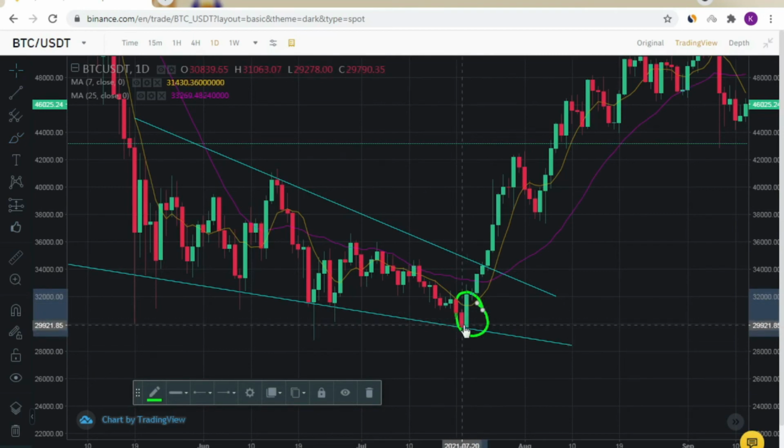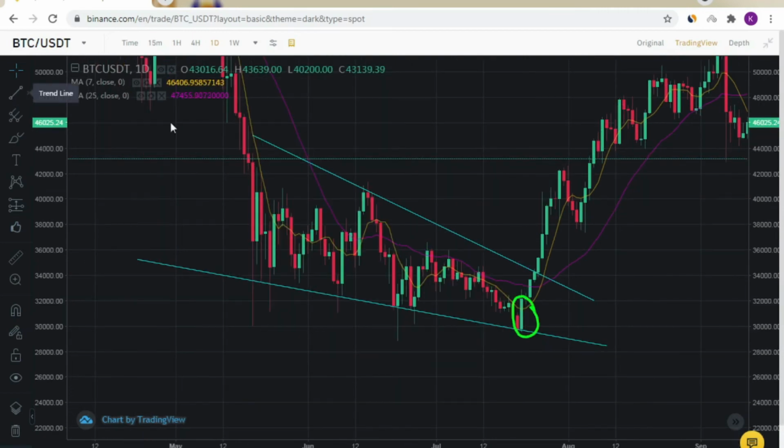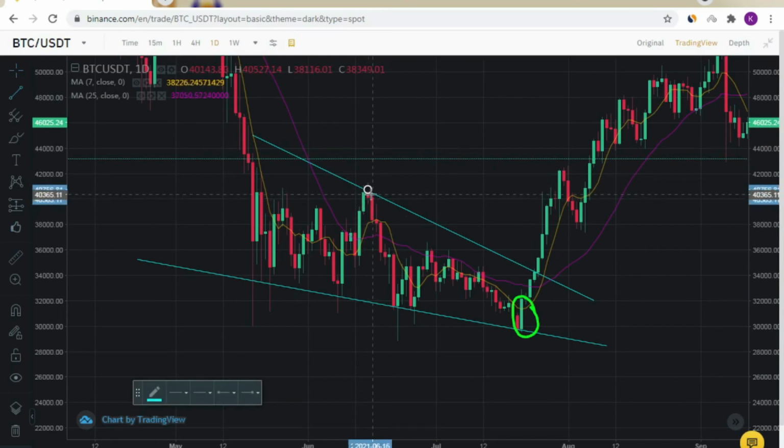So let's say you invest here, and this candle closes above this candle. Let's say you wait until the next candle to see if it can close above, and this candle closes above here. So how do you know to what extent the price can go? What you do is you take the largest part of your falling wedge, which will be here, because the price touches it here, and here.